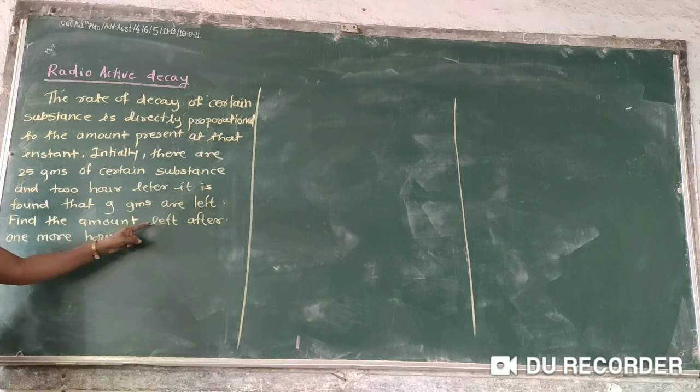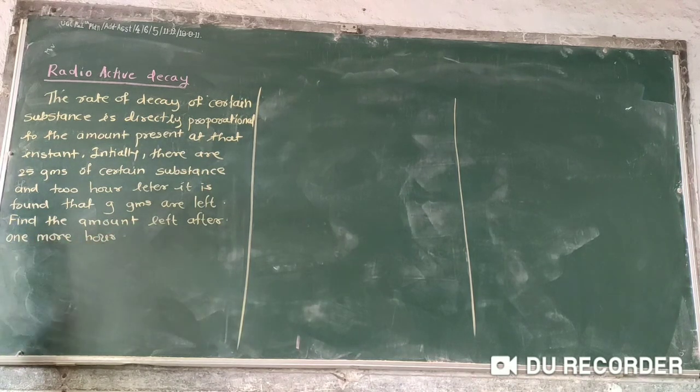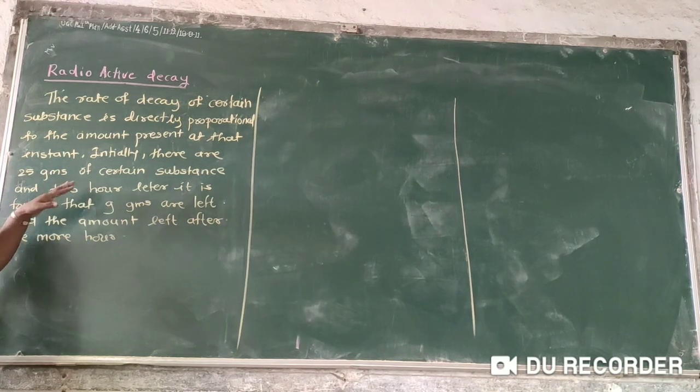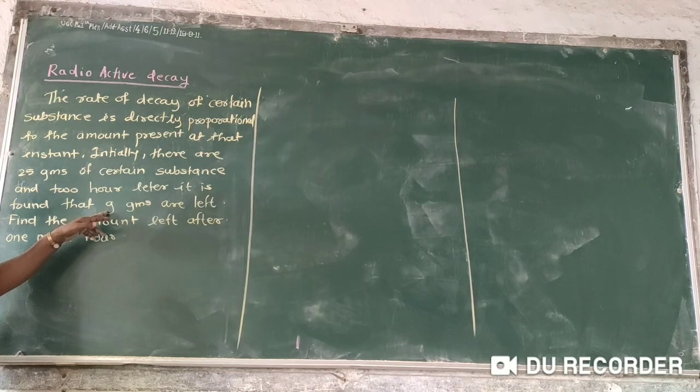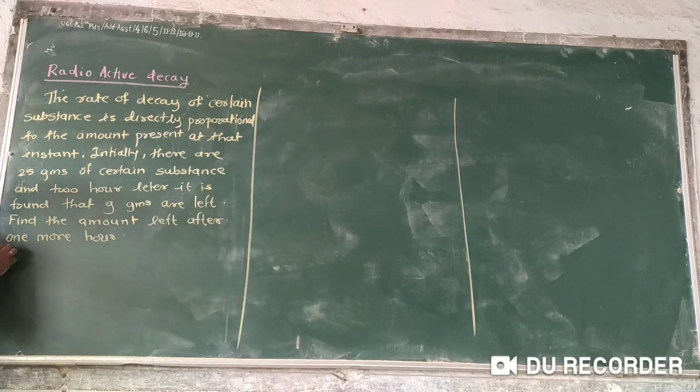Find the amount left after 1 more hour. So here, as usual, what is given is that the rate of decay is directly proportional to the amount present, that is dx by dt is proportional to x, and the initial amount of the substance is 25 grams and after 2 hours it remains 9 grams. Next, we need to find the amount left after 1 more hour.